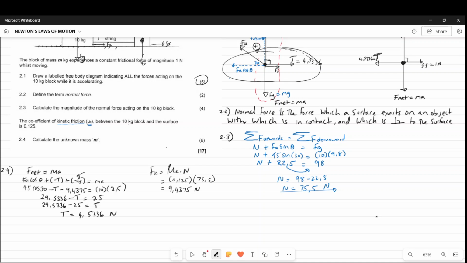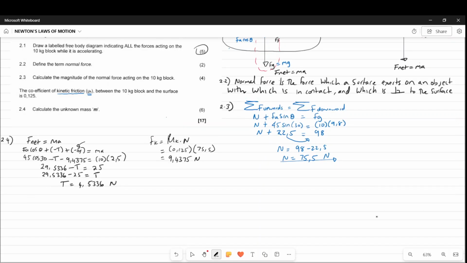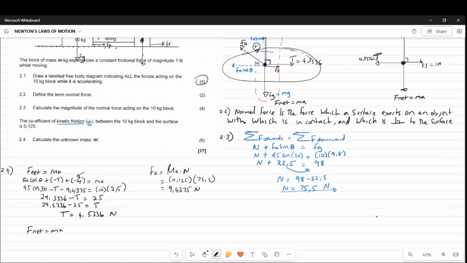So now let's work over here, because we're looking for mass M. We're going to say F net is equal to MA. What do we have? All the forces are going this side, so we take them to be positive. So tension here is going to be tension plus negative frictional force is equal to mass times acceleration.